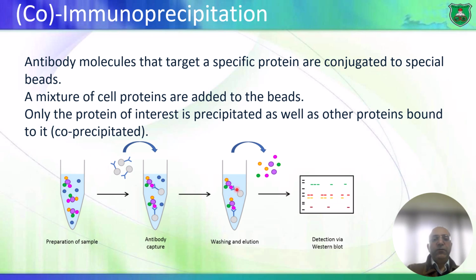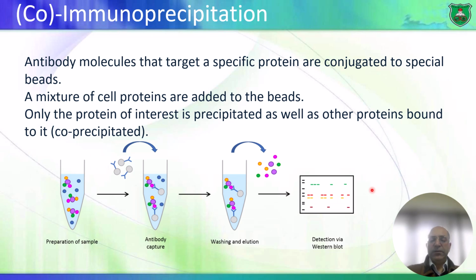We can take this complex and we can study it using, for example, SDS-PAGE, gel electrophoresis, or using Western blots. Remember, Western blots are immunoblots, where we separate proteins based on size, and then we transfer it to a membrane, and then we add a primary antibody and a secondary antibody to detect the presence of a protein, and we can also determine the size of that protein.